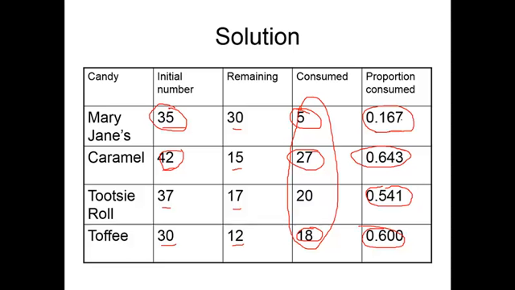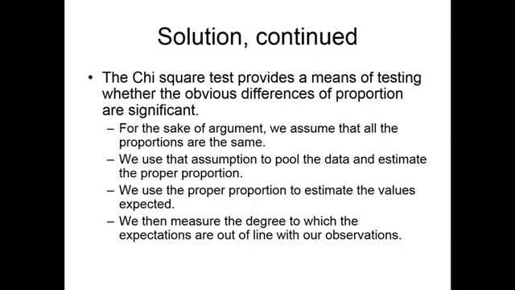So here we have this proportion is different, but could it be just a random variation? The chi-square test provides a means of testing whether the obvious differences of proportion are significant. For the sake of argument, we'll take as our null hypothesis that the probabilities, the proportions, are the same.